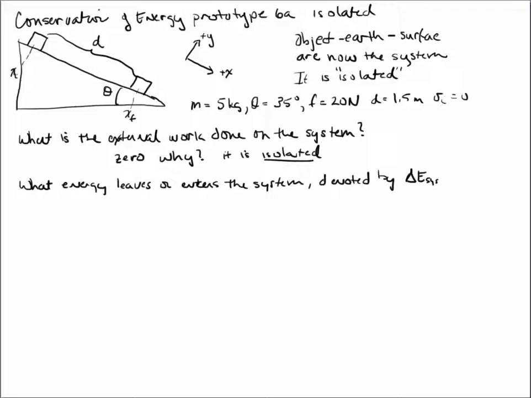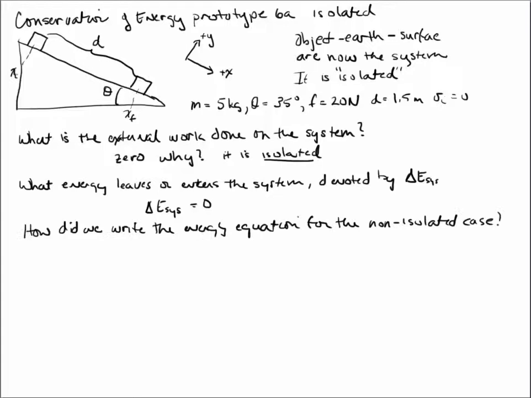What energy leaves or enters the system? And we denote that by change in energy, delta E sub sys, and that's equal to 0. How did we write the energy equation for the non-isolated case?